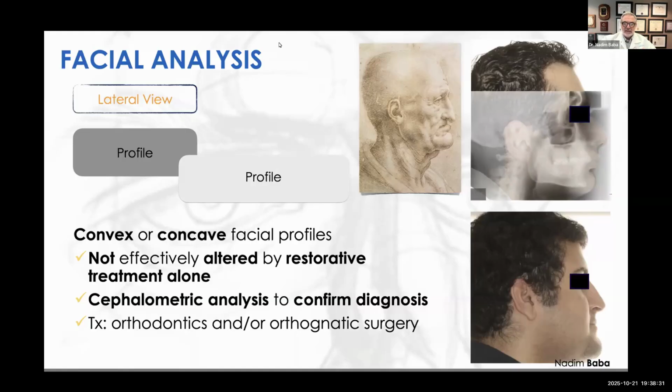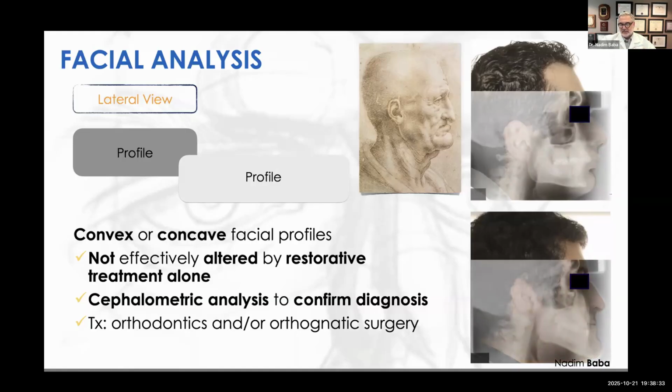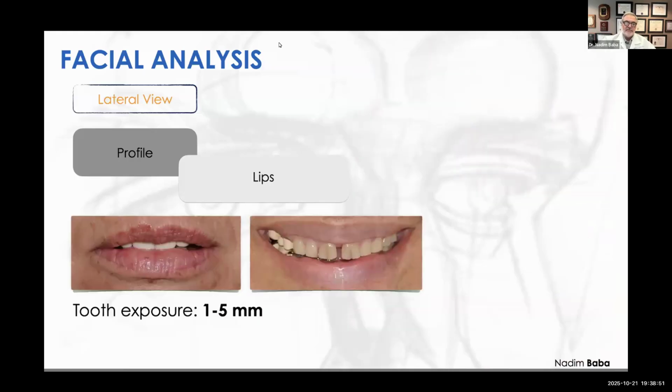Cephalometric analysis to confirm the diagnosis is extremely important. And most of the time, the treatment of these patients is orthodontic and/or orthognathic surgery. And then once these are done, then you can intervene yourself with some restorative treatment just to improve the shape and the look of the teeth.